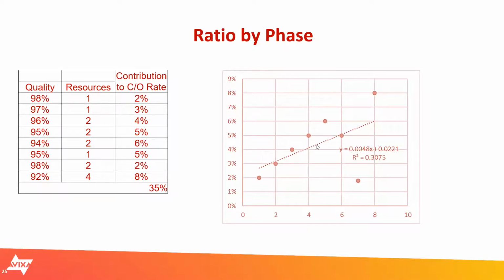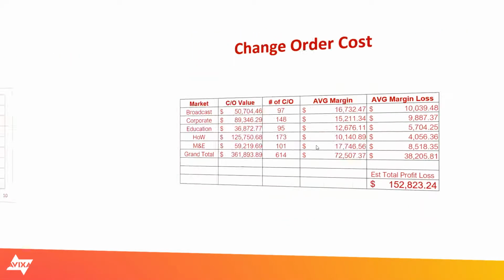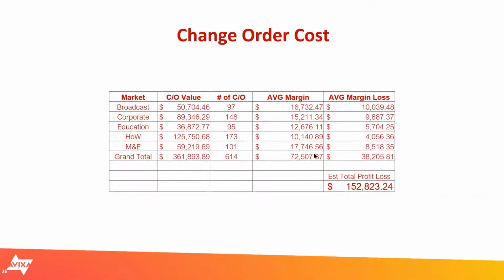Again, I'm kind of telling you the punchline before the end of the story, but what we also wanted to look at is how much these change orders are costing us. And really the only reason we wanted to do that was to determine, is this a problem worth working on? Now, $152,000 over a period of 25 weeks of loss may not seem like a lot to some people, in 614 different projects, so is this really worth going after?